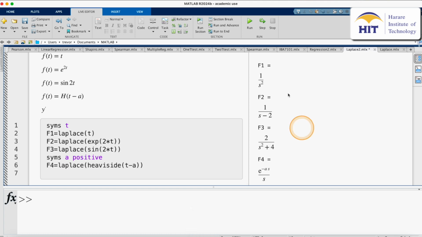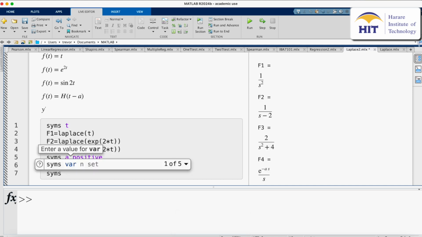I then go on to the last question, the Laplace transform of the derivative of a function y. What I'll first do is find the derivative of the function, and to enter that derivative, I'll first have to enter a symbolic variable which I will call y of t.